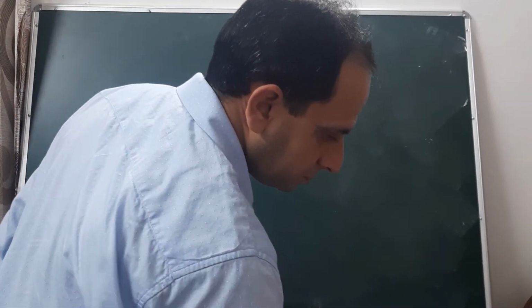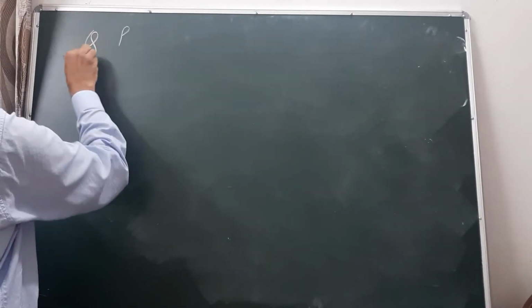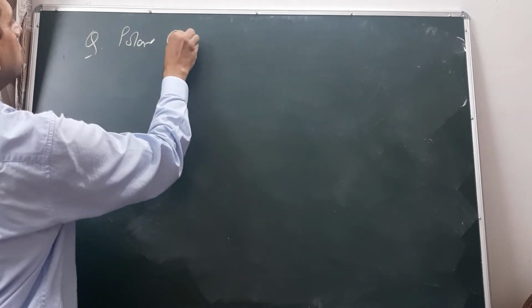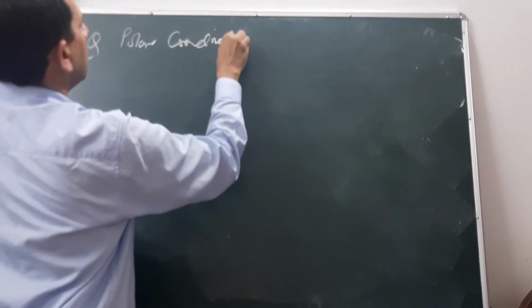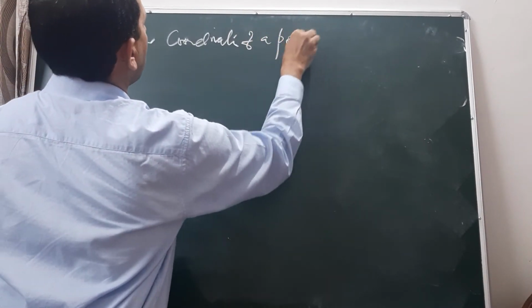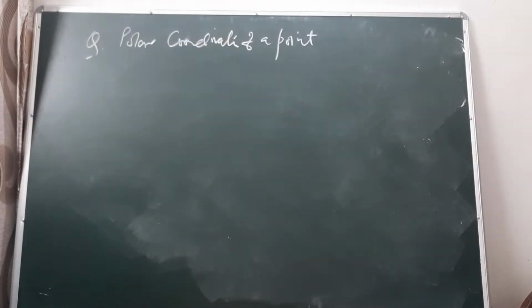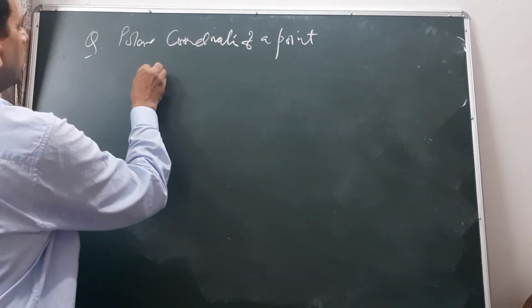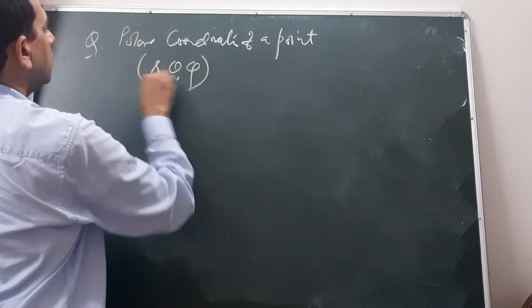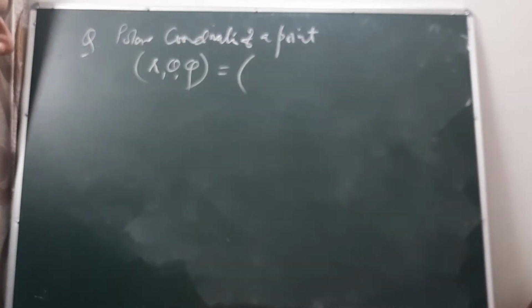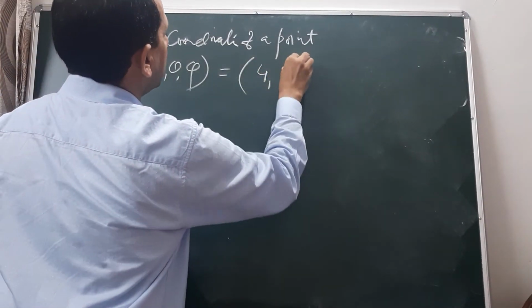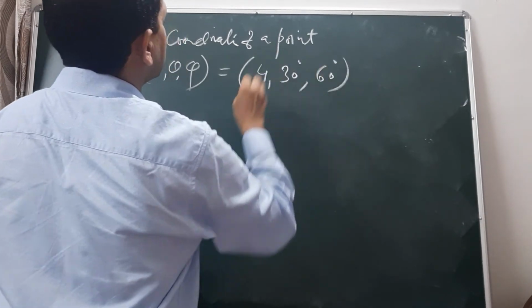Now, we will do a numerical question on polar coordinates. The coordinates of a point in the spherical polar system, r, theta, phi, are given as 4, 30 degrees and 60 degrees.